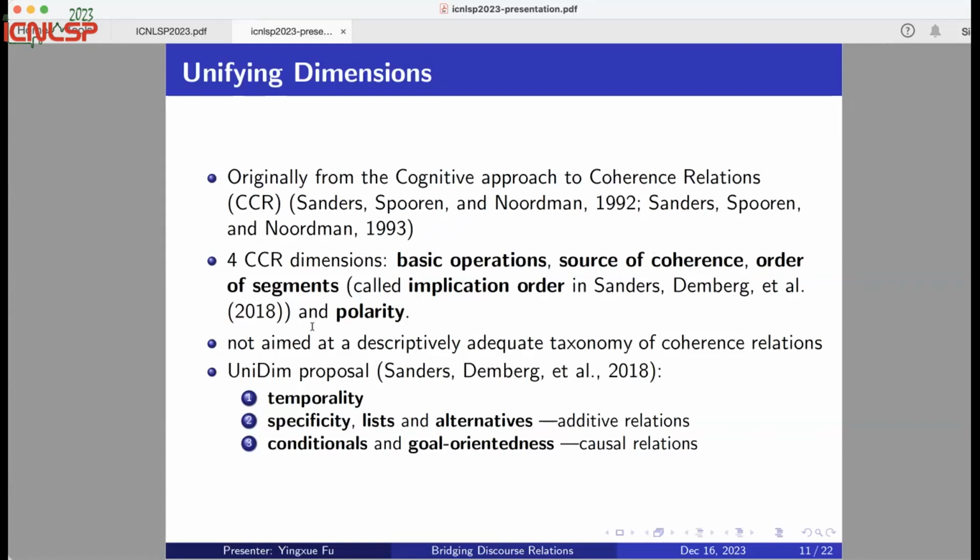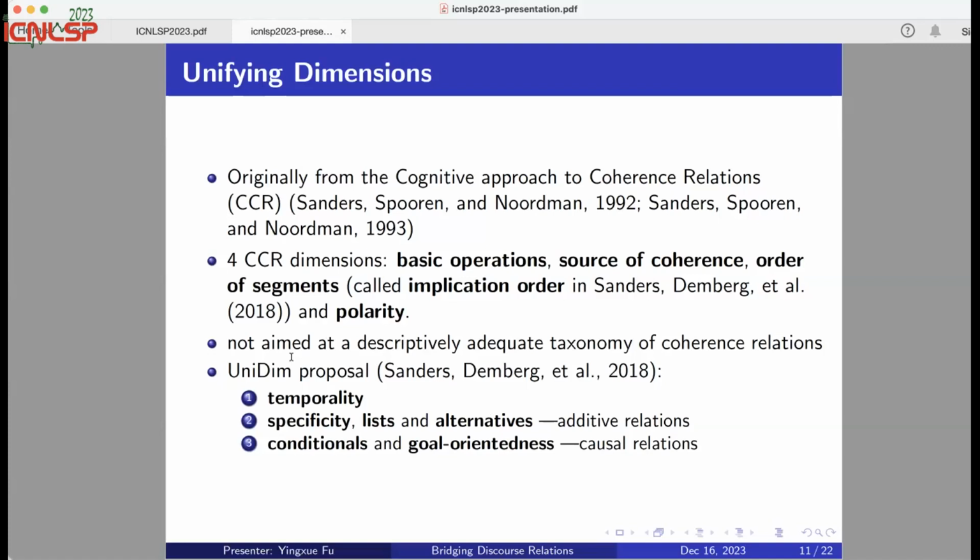The CCR dimensions are not aimed at a descriptively adequate taxonomy of coherence relations, but they are aimed at deriving more psychologically plausible dimensions. Different discourse annotation frameworks are not completely independent of each other, and people can see some correlation between those relations. And discourse annotation is generally time consuming.